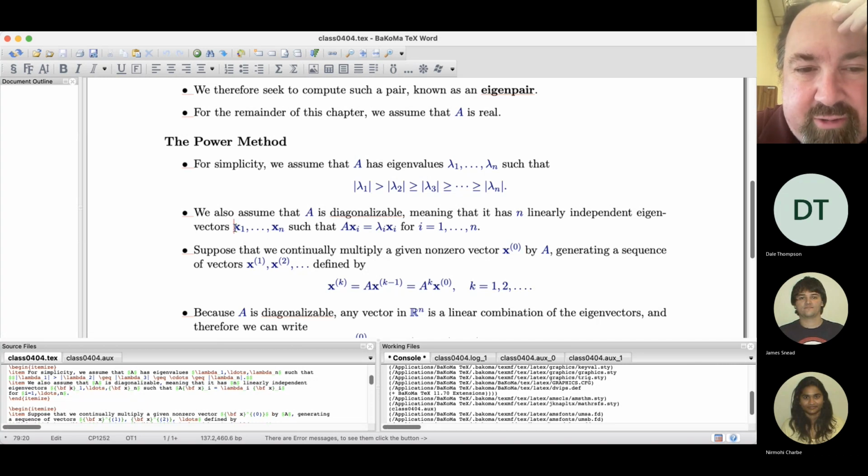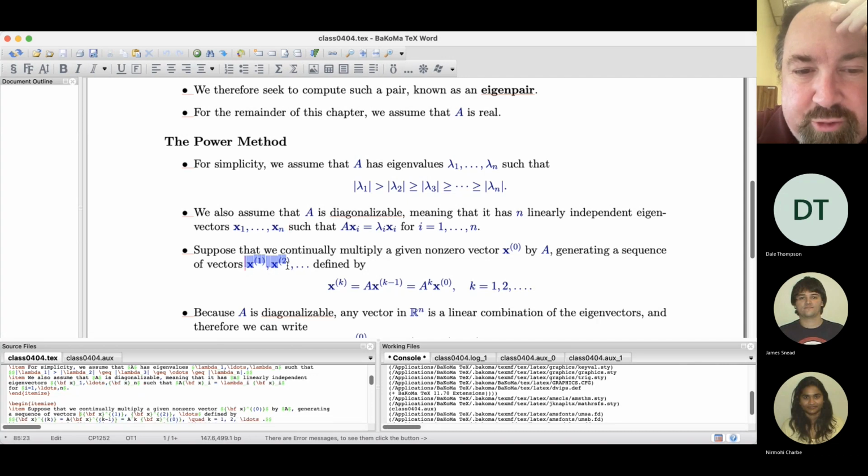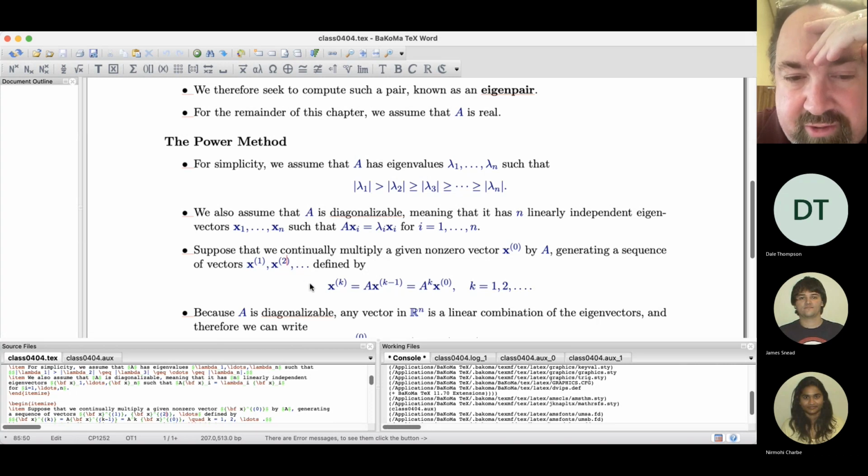So x with a subscript refers to eigenvectors. x with a superscript refers to iterates that will hopefully converge to an eigenvector. So keep the notation in mind here. Each new iterate is obtained just by multiplying a previous iterate by A. So then x^(k) would be equal to A^k times x^(0).